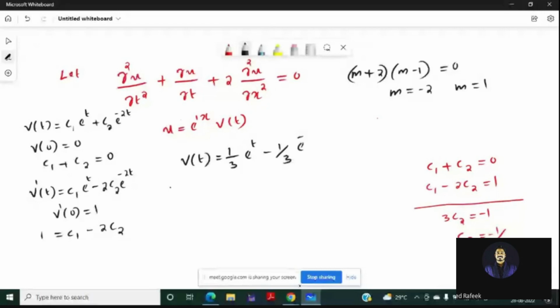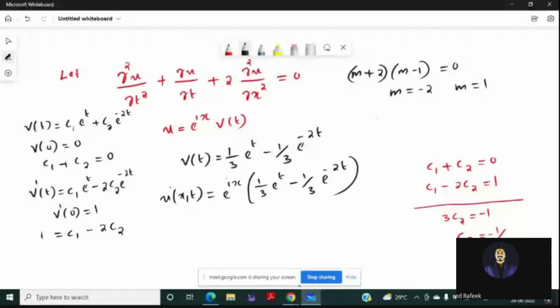That is V of t. So U of x comma t is equal to e raised to ix into V of t. So e raised to ix into 1 by 3 e raised to t minus 1 by 3 e raised to minus 2t. That is U of x comma t.